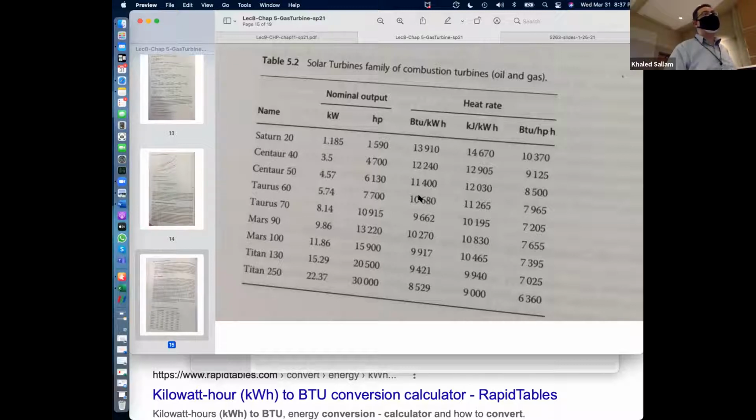If the heat rate is 10,000, how do I calculate the efficiency? That's 3,412 divided by the heat rate would be the efficiency. Right? So what is 3,000 divided by 10,000? Yeah, that's a horrible power plant.